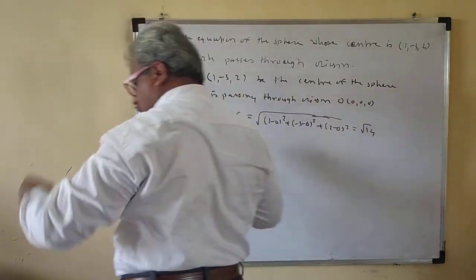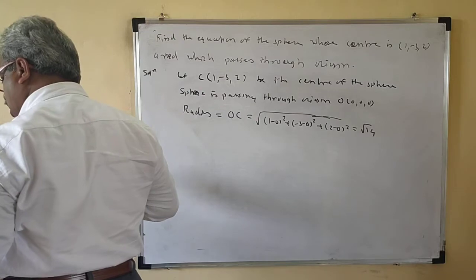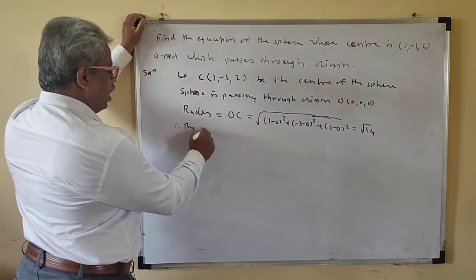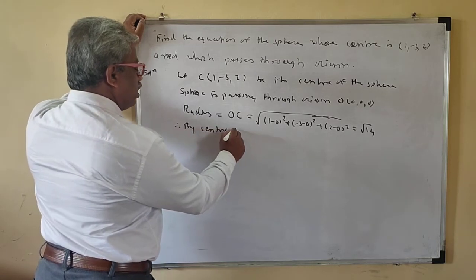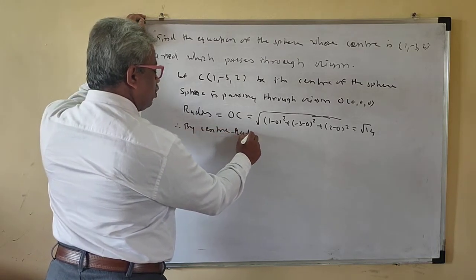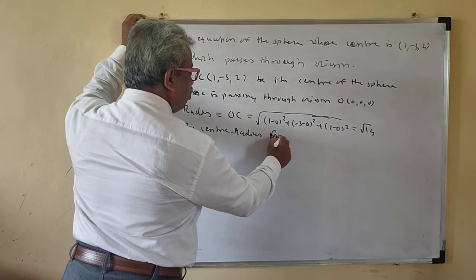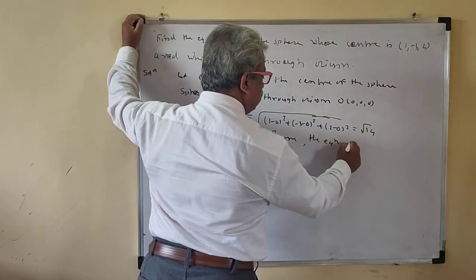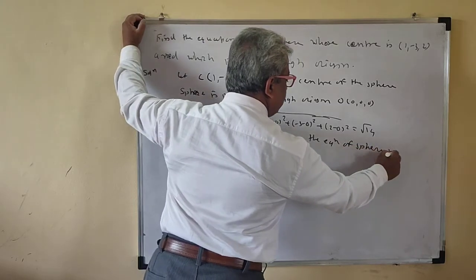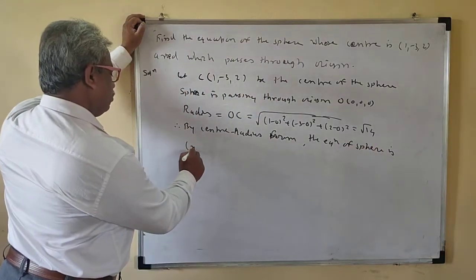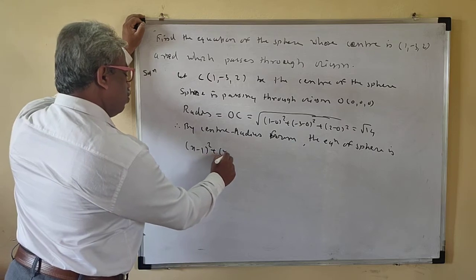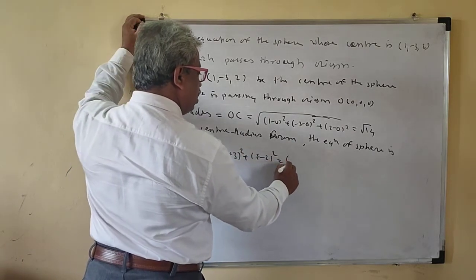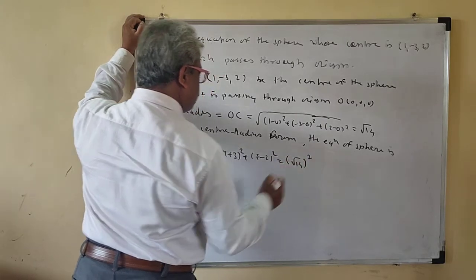Now this is what then, root 14 is the radius of the sphere. So therefore, by center radius form, the equation of the sphere is (x - 1) square plus (y + 3) square plus (z - 2) square is equal to root 14 square.